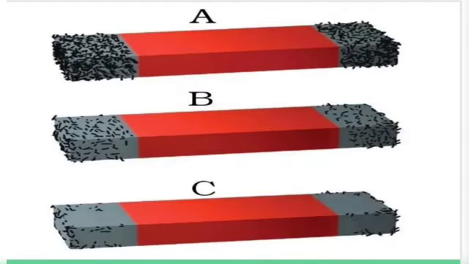Now figure A is showing that many iron filings are present in the soil, which are sticking to the magnet. Figure B is showing that some iron filings were present in the soil, which stick to the magnet.